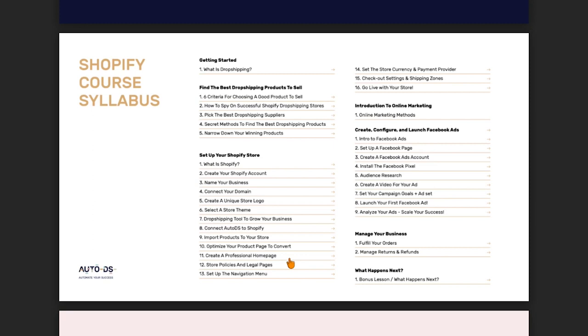We have ready templates for you on that boring subject, but very necessary for your stores, along with your navigation menu, store currencies, payment providers, checkout settings, shipping zones, online marketing methods, which will explain the best methods for marketing your online store, along with a step-by-step tutorial on how to run successful Facebook ads for your products, your brand, and your store.